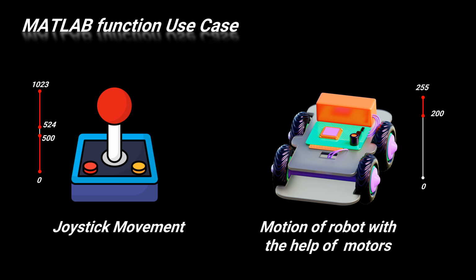The slider will vary from 0 to 1023, and based on that we will get the pulses. Whenever the value is beyond the middle, you will be rotating in the opposite direction, the backward direction, and whenever the value is below the middle and above 0, you are moving in the forward direction. Considering the same scenario, let's look into the model.